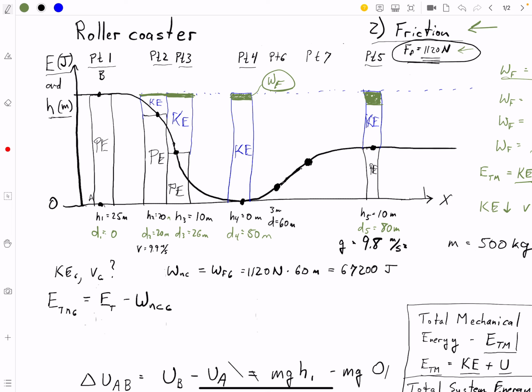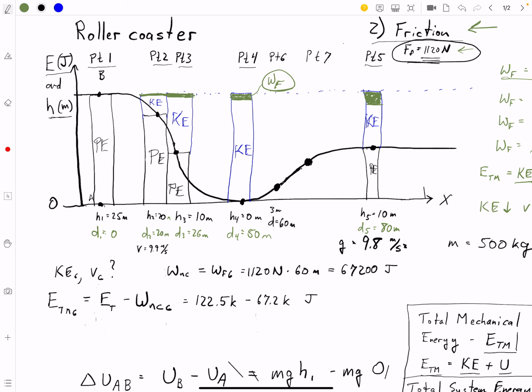We've got our total at 122,500, 122.5K minus 67.2K in joules.